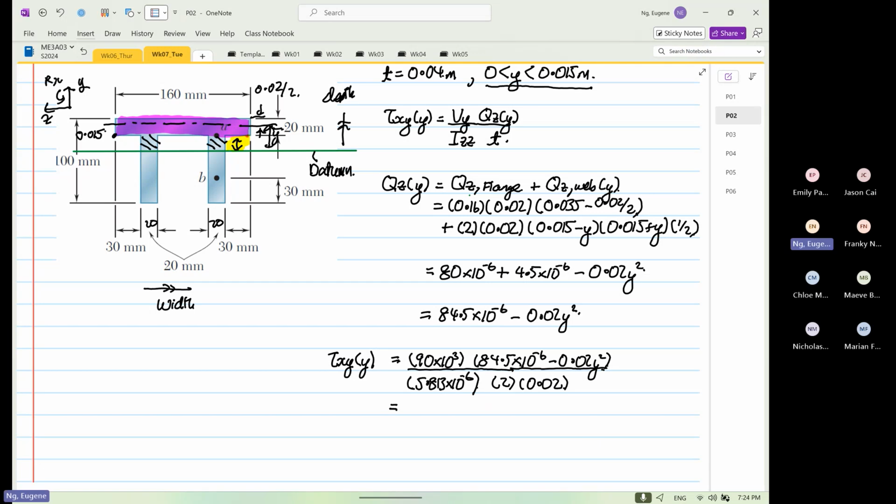So from here, this will be equal to 90 times 10 to the power 3 times 84.5 times 10 to the power minus 6 divided by 5.813 times 10 to the power minus 6.